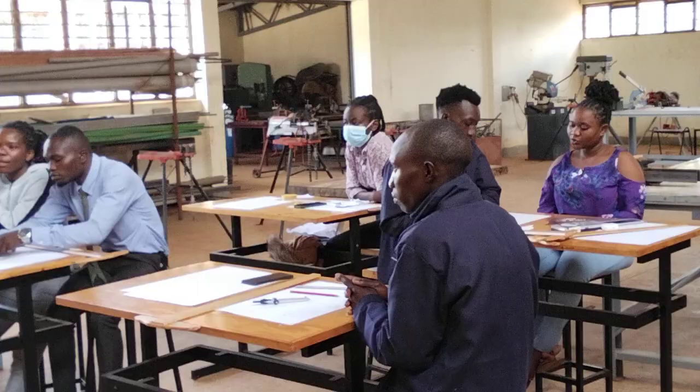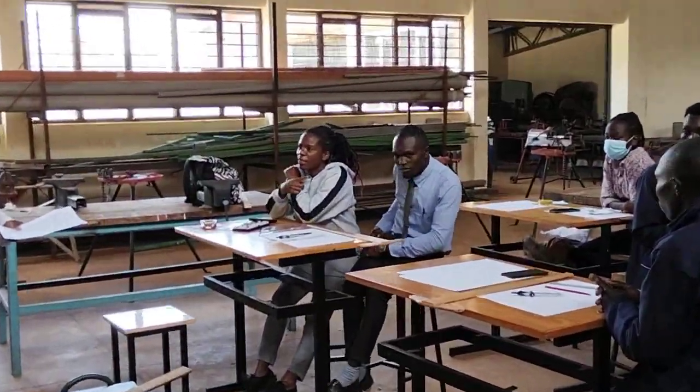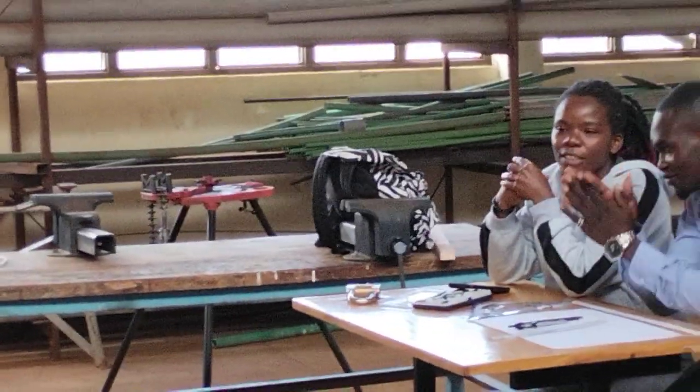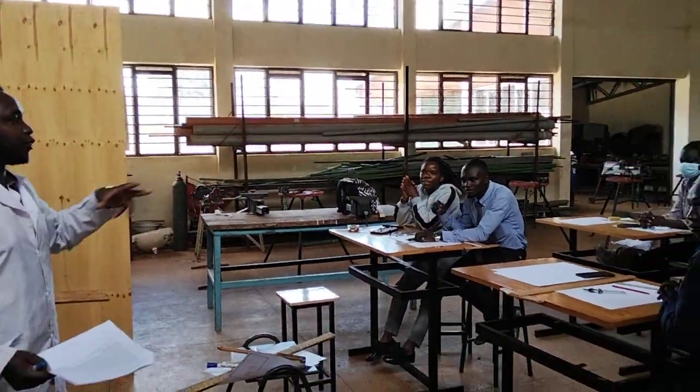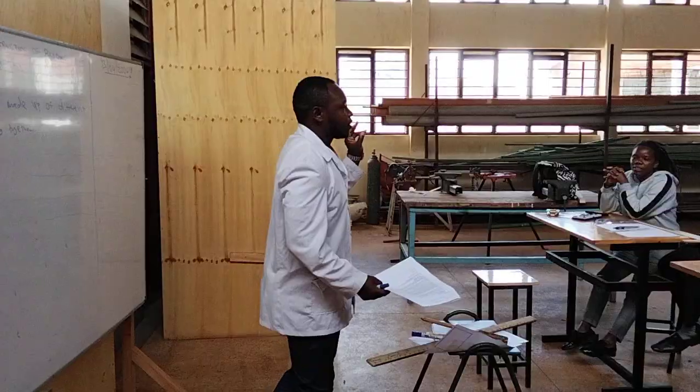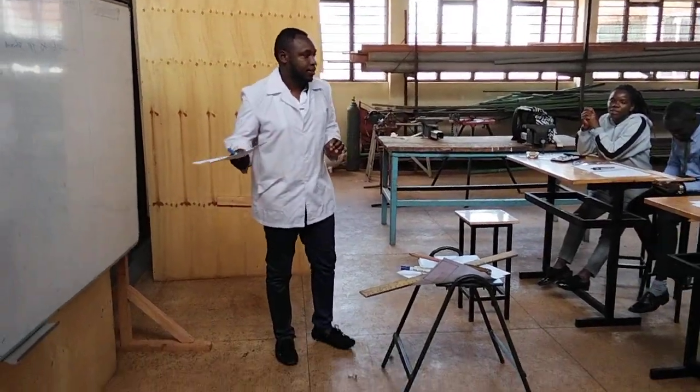Next step. Yes? 4. And where the 60 line cuts the perpendicular line, we call it 6. Very good. Clap for her. She's saying at 45 we mark it 4, at 60 we mark it 6.